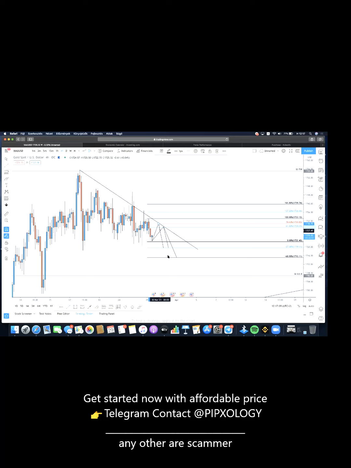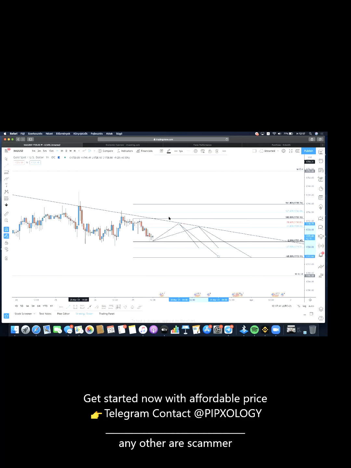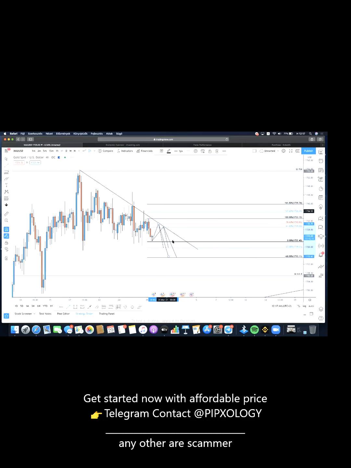So at this point possibly the price makes some rejection, starts pushing to the upside, and after that the question is whether it will continue higher or continue lower. So this is what I think about gold.